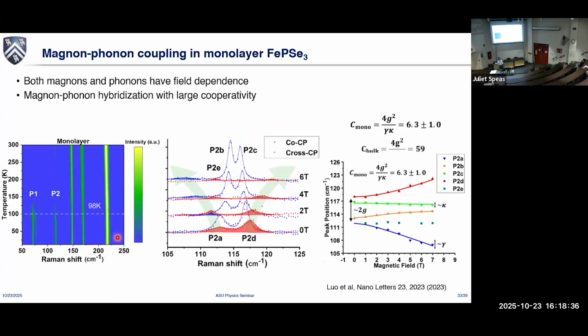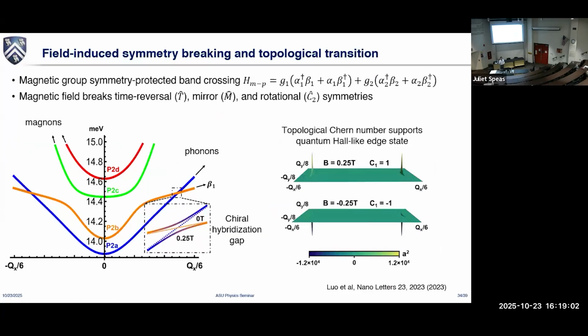So in this case, what we found is that both magnons and phonons have field dependence, which means that they both have pretty large angular momentum and magnetic moment. Not only do we see a pretty large quantum cooperativity, which at the time of this paper was the largest number found in any material, but if you have coupling, then it would predict that the magnon bands and phonon bands, when they cross, will actually support topological gaps.